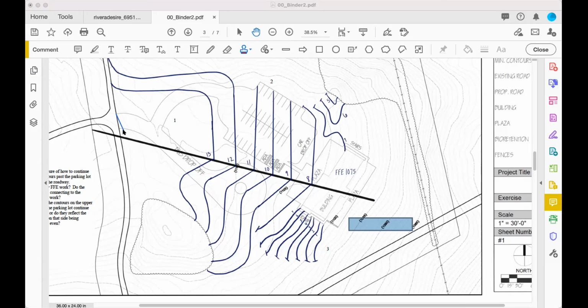Then you could start measuring this distance and see how many contours you can fit in. Basically, if it's about 200 feet, then you would have four contours in between, right? Can you do a quick measurement for me and see how far away that is? Yeah, I think I have to look in CAD though, but I can look.